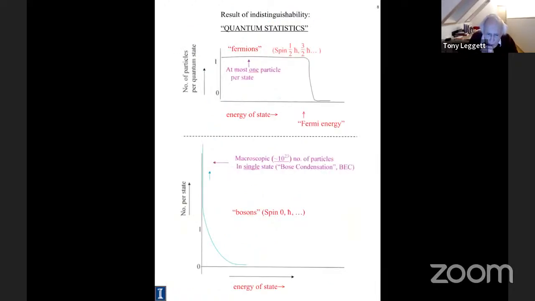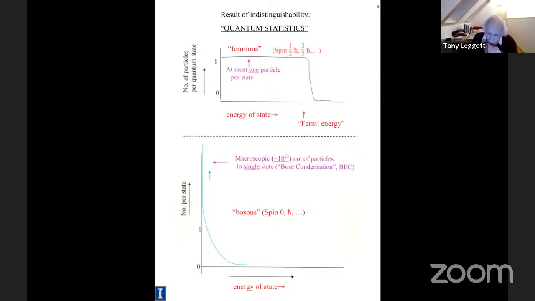Okay, one very spectacular effect of indistinguishability is so-called quantum statistics. And this is very different, it turns out, for the two different classes of particles, many of you know this, which depend on the spin of the intrinsic angular motion of the particle in particular units: h bar, that's Planck's constant over 2 pi.